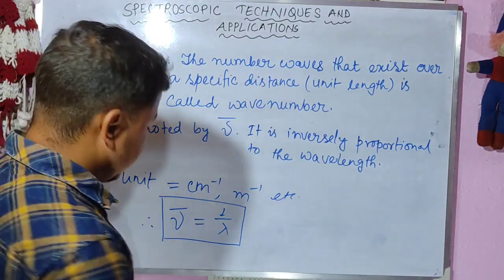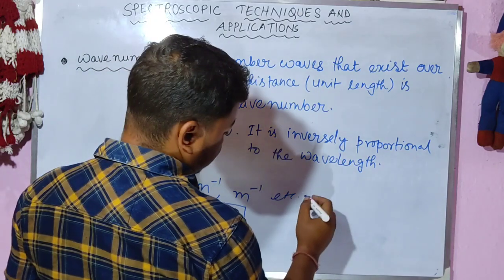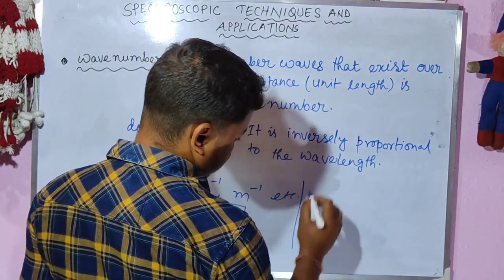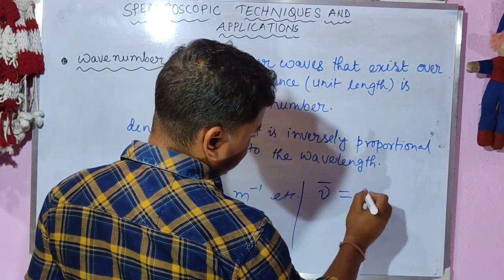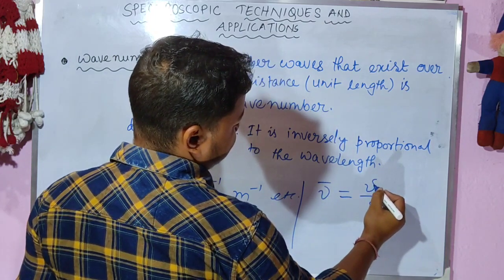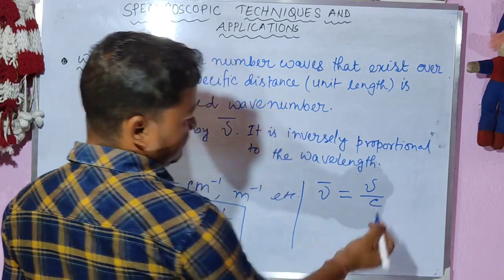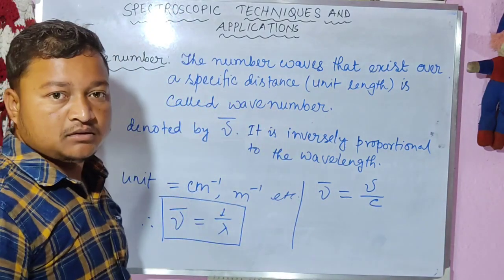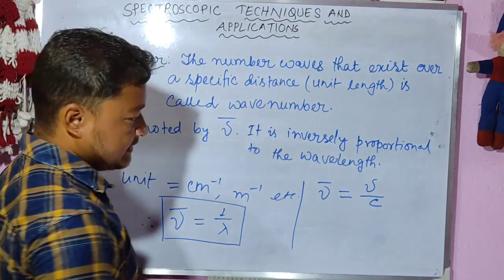Okay, again nu bar equals nu by c. This nu is the frequency and c is the speed of light.